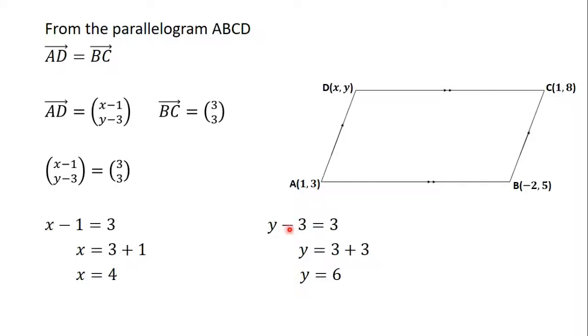We make y the subject and we get 6. So we have been able to find x, which is 4, and y, which is 6. So we say that the coordinate of point D is (4, 6). Using this property of parallelograms, we have been able to find the coordinates of point D.